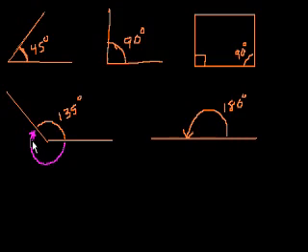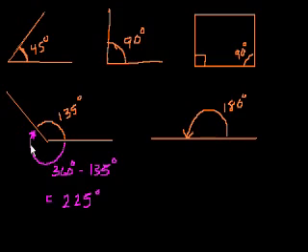The angles in a circle are 360 degrees. So if this is 135, this magenta angle would be 360 degrees minus 135 degrees, and that's 225 degrees.